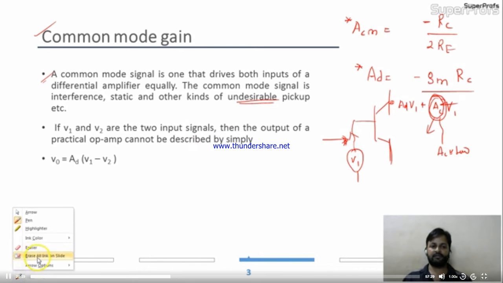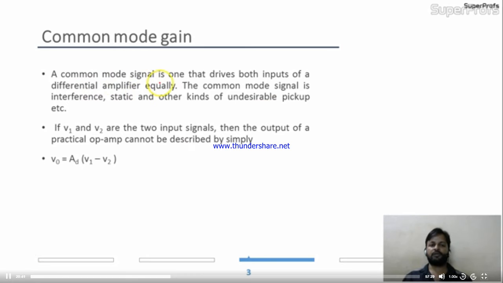See, a common mode signal is one that drives both inputs of a differential amplifier equally. So at both inputs we are getting this common mode gain, or the output due to this common mode gain. The common mode signal is interference, static and other kinds of undesirable pickups.